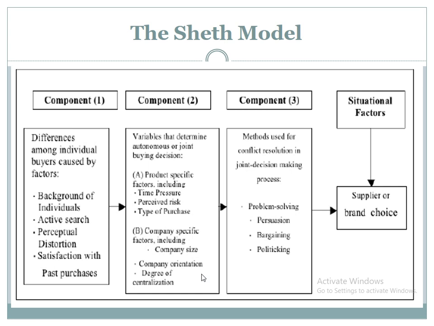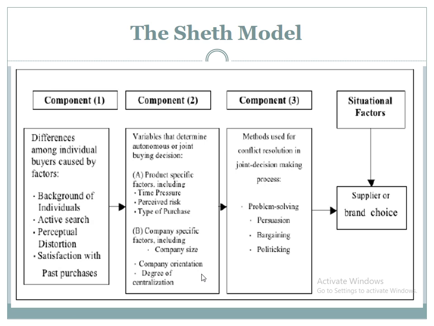The factor perceptual distortion means the extent to which each individual participant modifies information to make it consistent with his existing beliefs and previous experiences. It is difficult to measure perceptual distortion, although techniques such as factor analysis and perceptual mapping are available for this purpose.